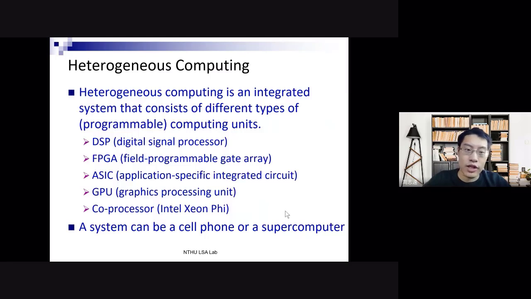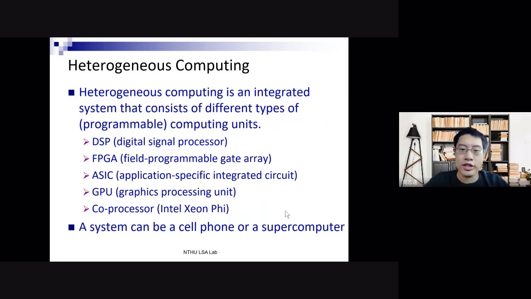So what is heterogeneous computing? Its definition is very general. That means whenever you try to use multiple types of computing units to run your program, then you are doing heterogeneous computing. So it's not limited to CPU. If you don't use CPU but use two other types of computing unit, that's also heterogeneous computing.